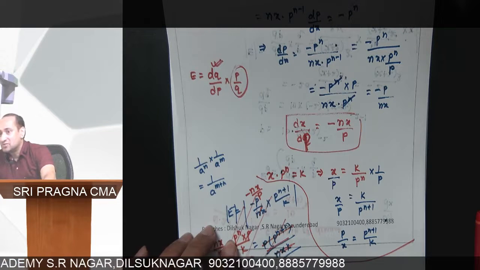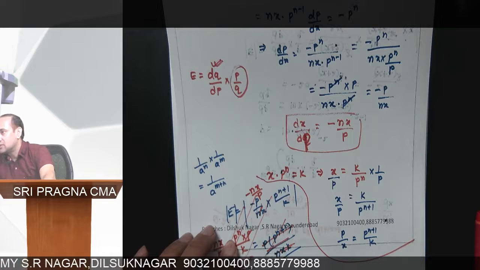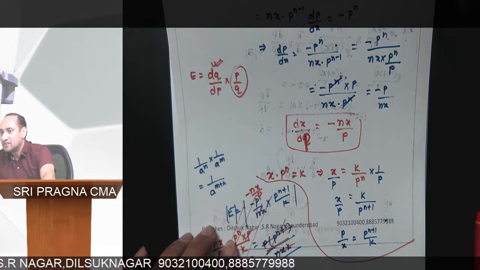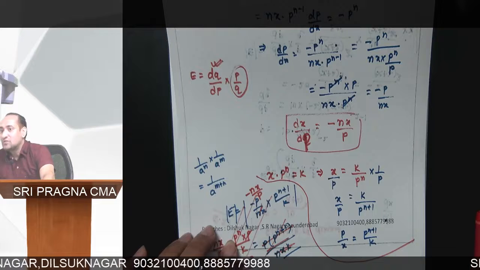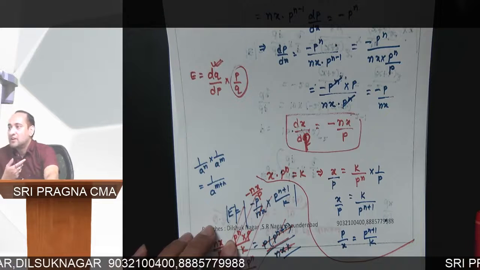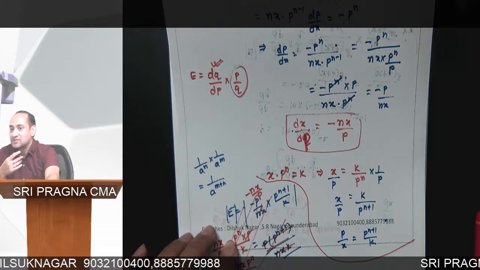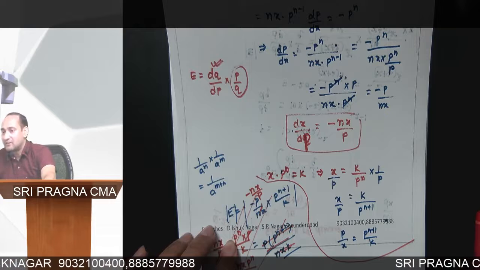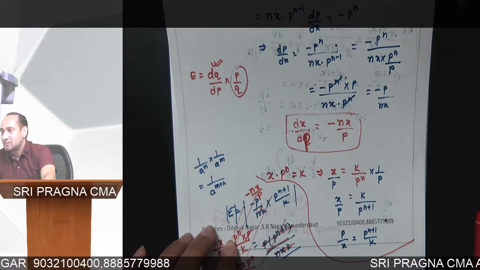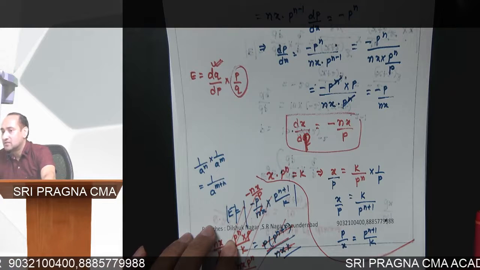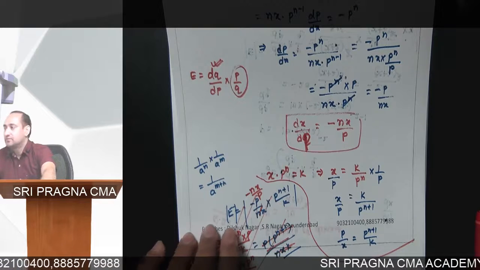Numerical sums carry good marks compared to the theory part. When you write a big theory answer, you are not assured how many marks you will score. But when you write sums like this, you can expect the marks the question carries.